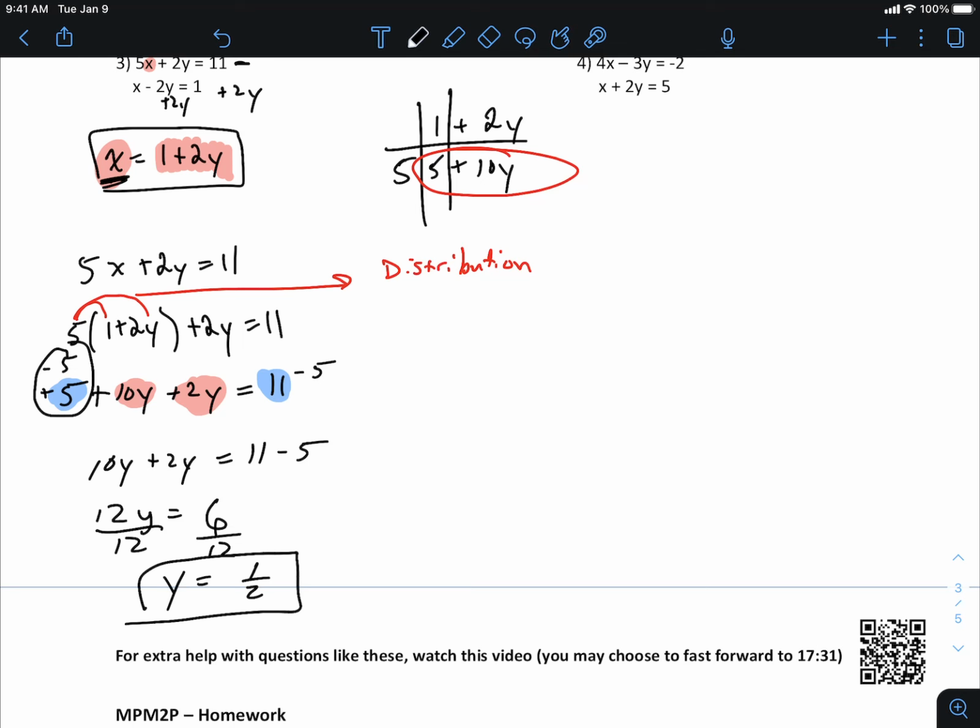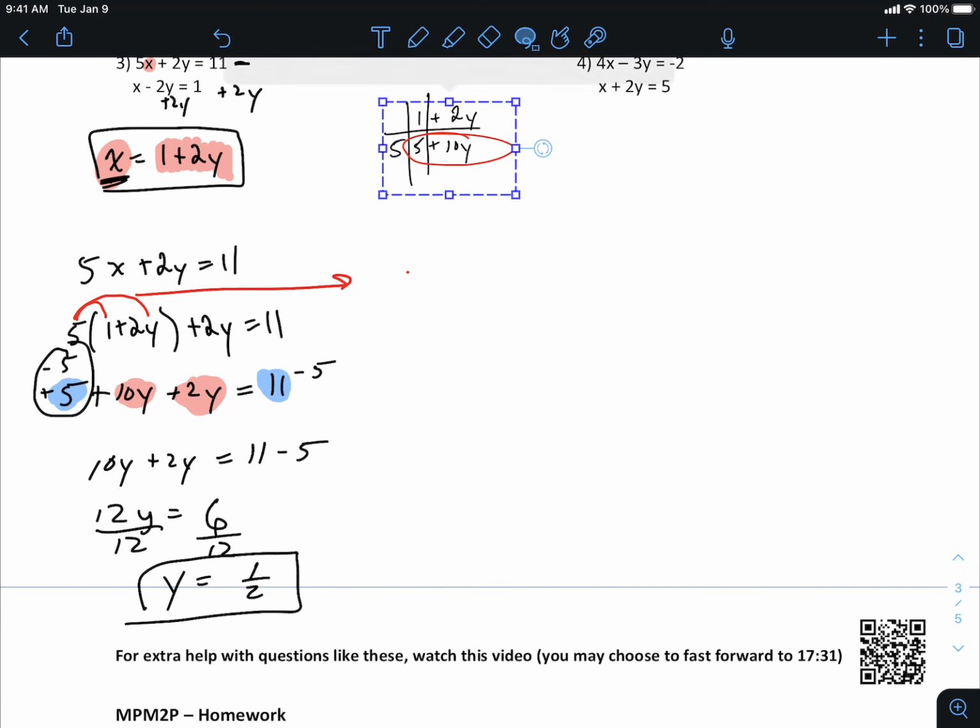Or 1/2. Now, again, I don't necessarily like working with the decimals for these. I want to leave them in fractions. But now I'm going to shrink this because I don't need it as much now. What you're going to do now, you know what y is equal to. Let me pick a different color.